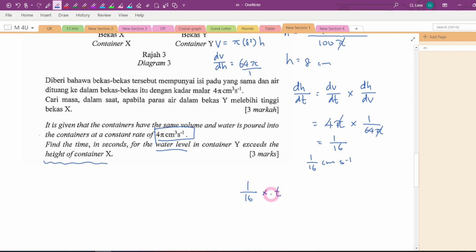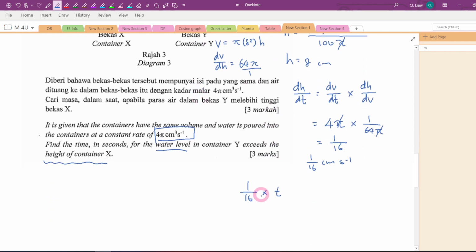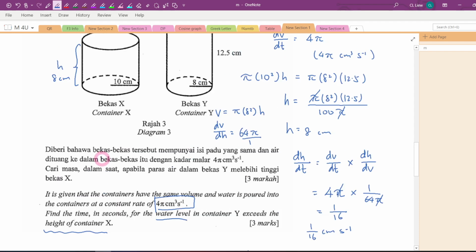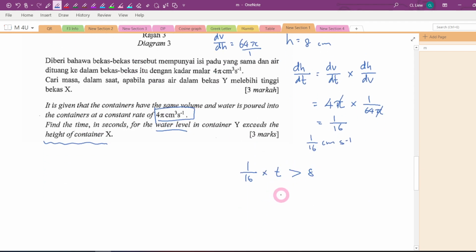And this will be the height of the water level in container Y. So I want this more than the height of container X. And the height of the container X is 8. So t is greater than 8 divided by 1 over 16. 8 divided by 1 over 16, you will get 128.